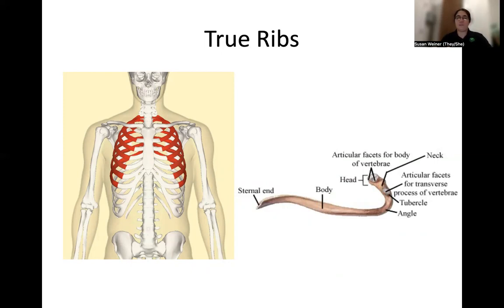All of the ribs articulate in the back with the vertebrae. The true ribs articulate onto the sternum. Now, there is a fair amount of rib here that is still cartilage in between. So there's that cartilage space between the bony rib and the sternum, but it connects directly one for one here.